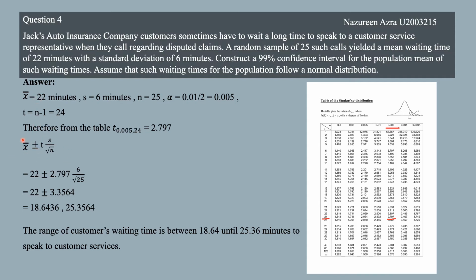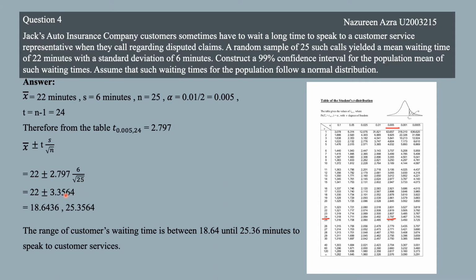This is the formula. So the degrees of freedom is n minus 1, which equals 24. Therefore, from the table, the t value is equal to 2.797. To find the value, we need to insert the values that we found into the formula. So we will get 22 plus minus 3.3564.